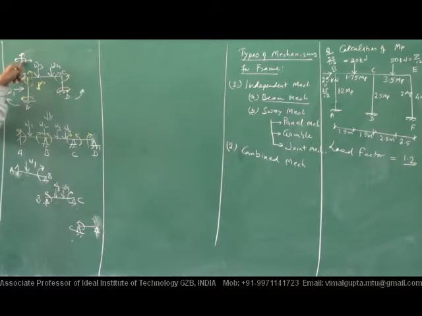Point C can also be displaced. So the displacement of the joint is not the failure of the structure, because we know it has a degree of freedom.